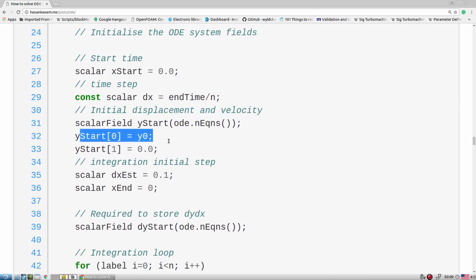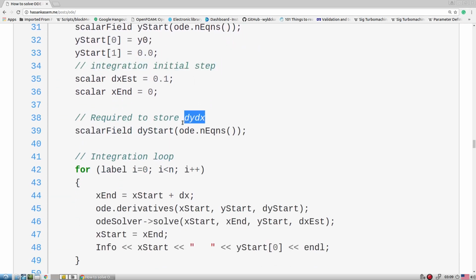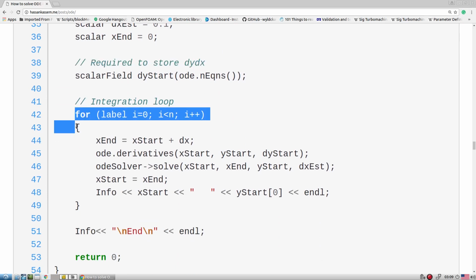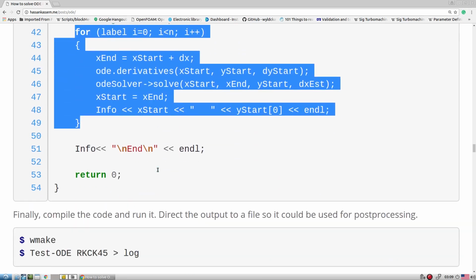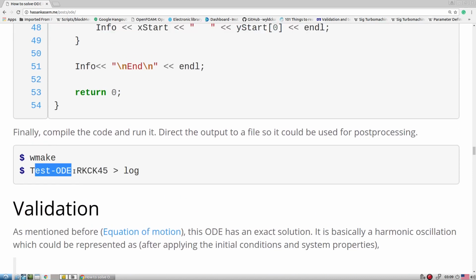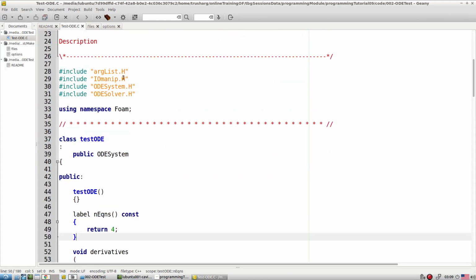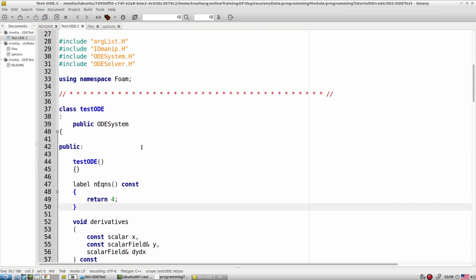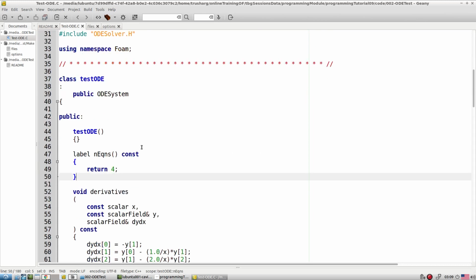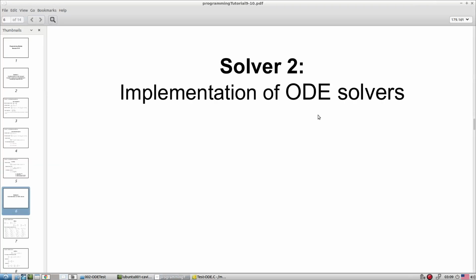So how we initialize the initial steps, and then the entire solution appears inside of it, and then we run it this way. Let's explore in a similar line how this particular solver is written, and for what class of equation. First understand that, so it gives us a little bit of an idea. Let's look at that part.